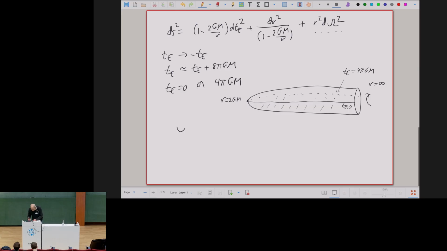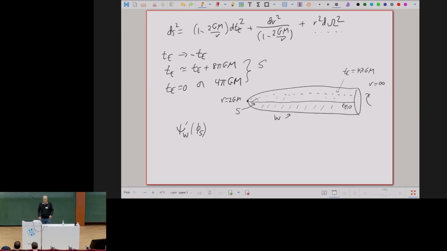So we define this state psi prime of W by saying that the fixed point set, I'll call S. The picture is getting a little busy here, but S is this fixed point set, both parts on both sides, at either T equals 0 or T equals 4 pi GM. And so I define the state psi W. W is the lower half.